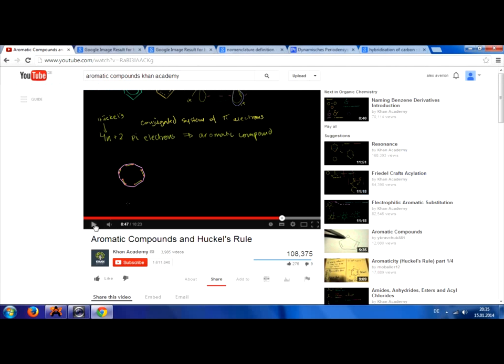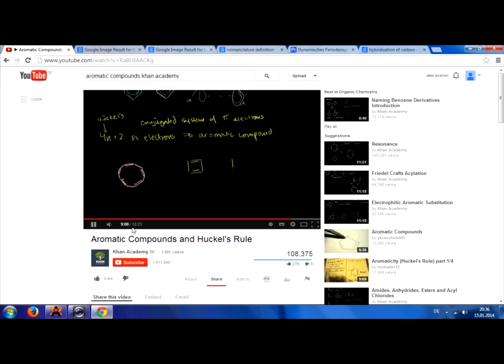So continue. Now, this is one thing that I always wonder. It's like, okay, it worked with 6, it worked with 10, but what about 8? It seems like with 8, maybe these electrons, these double bonds could flip around just as easily. So what if I had, or even 4, what if I had a molecule that looked like this? Or a molecule that looked like a stop sign?